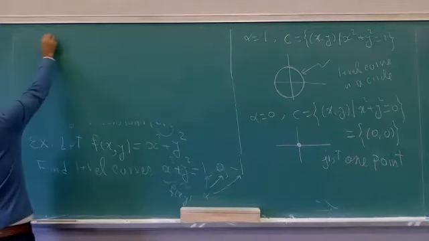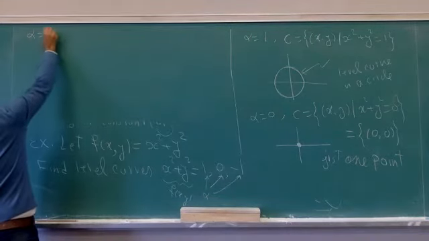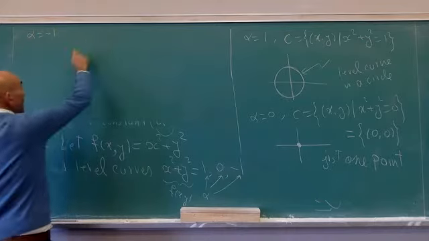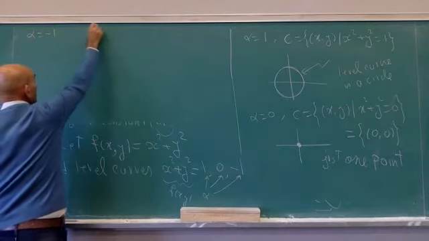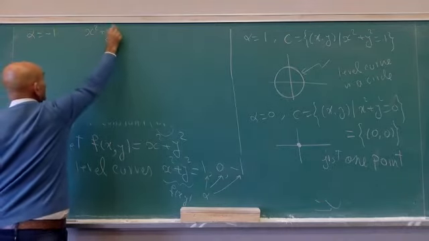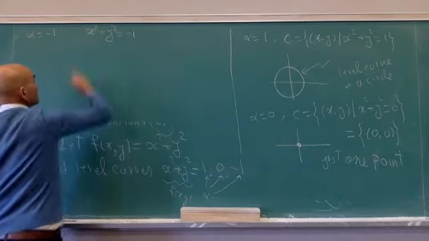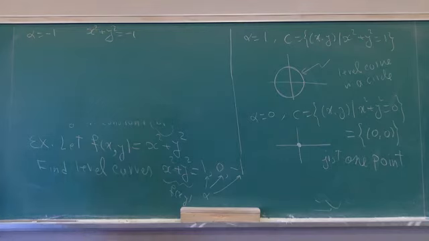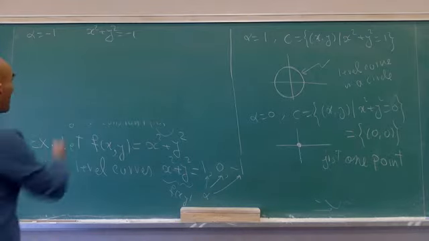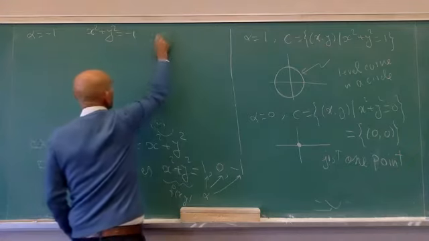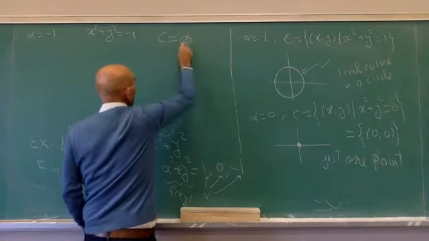In this case, we want to solve the equation x2 plus y2 equal to -1. So what are the solutions? What is the level curve in this case? The empty set. There are no solutions, in other words. So C is equal to the empty set.